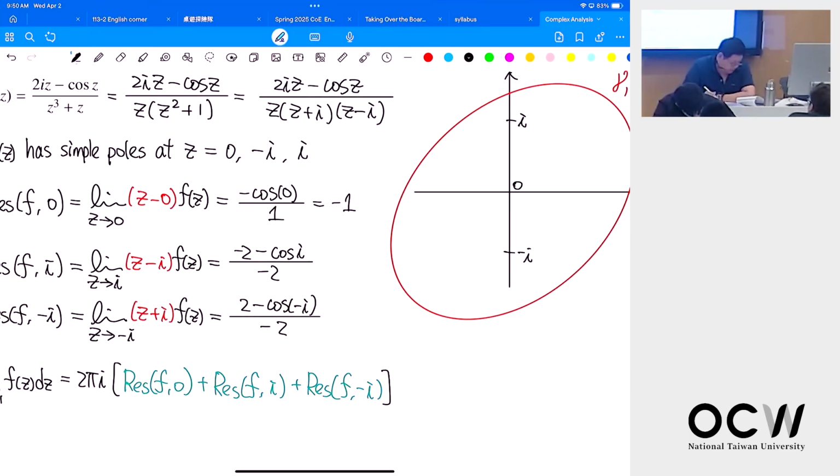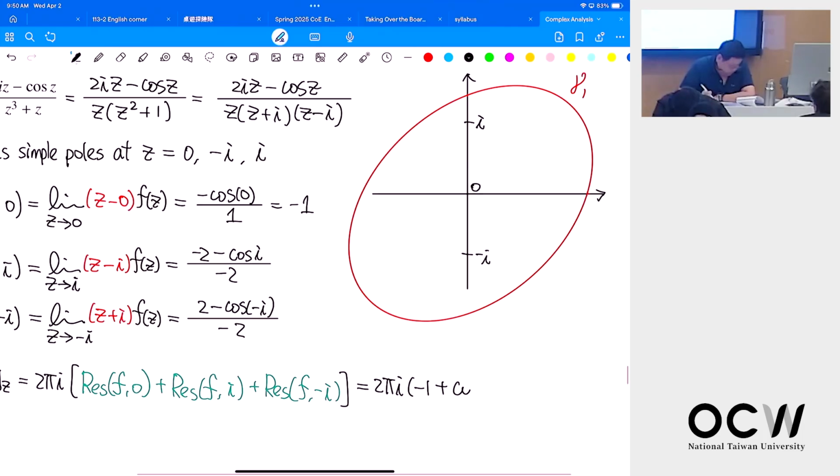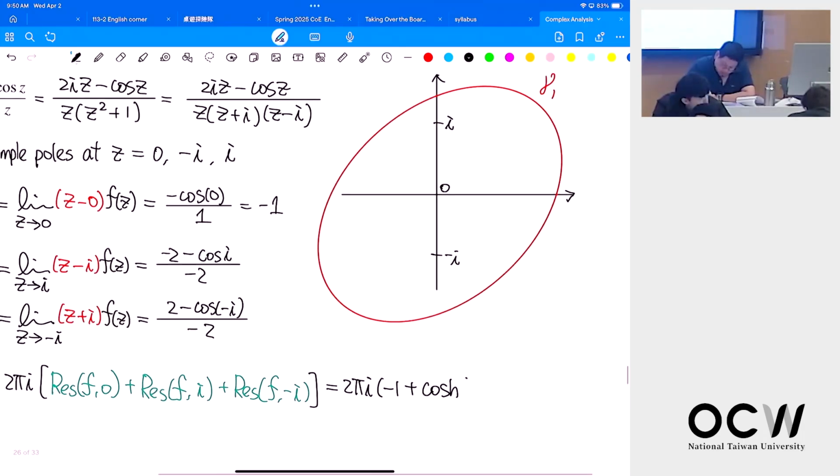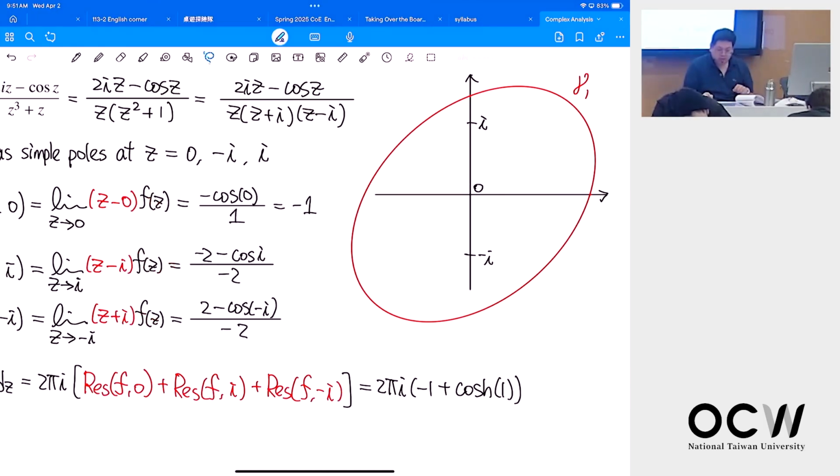Then you'll get 2 pi i times (minus 1 plus cosine 1 hyperbolic cosine), for gamma 1.